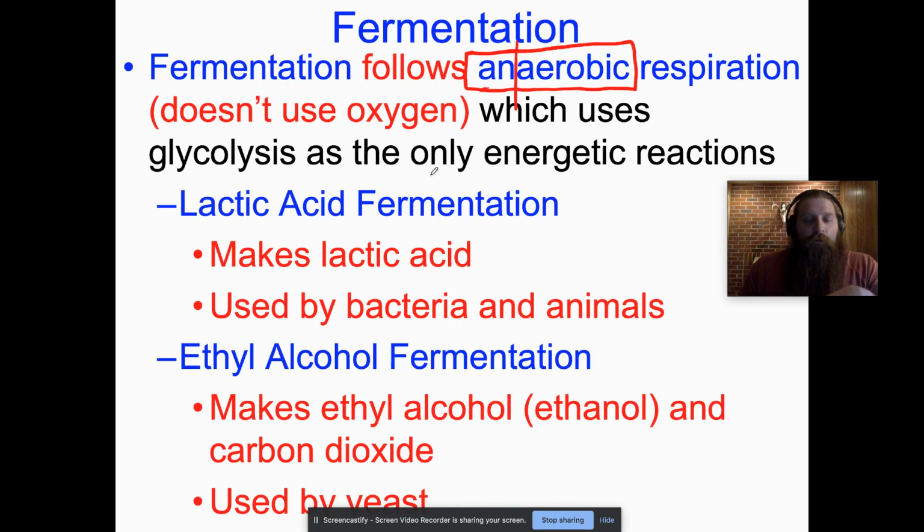Oh, sorry, went a little bit too fast there. We don't do ethyl alcohol fermentation as animals. Otherwise, every time you work out, you would get drunk, right? I mean, think about that. That would be a really poor evolutionary adaptation. I'm running out of oxygen, my muscles are burning, I'm trying to climb up this volcano or whatever it is.